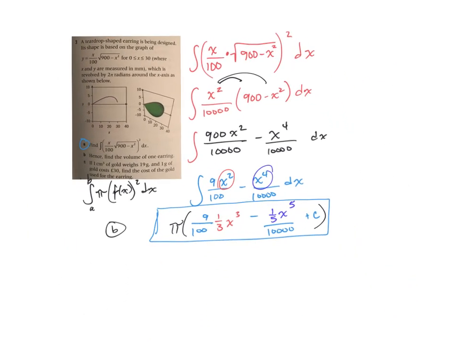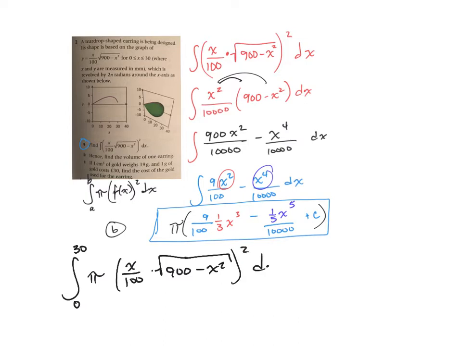So essentially what we're doing right now is we're going to get the integral from 0 to 30 of pi times my function, which was x over 100 times the square root of 900 minus x squared, that whole thing squared, dx.